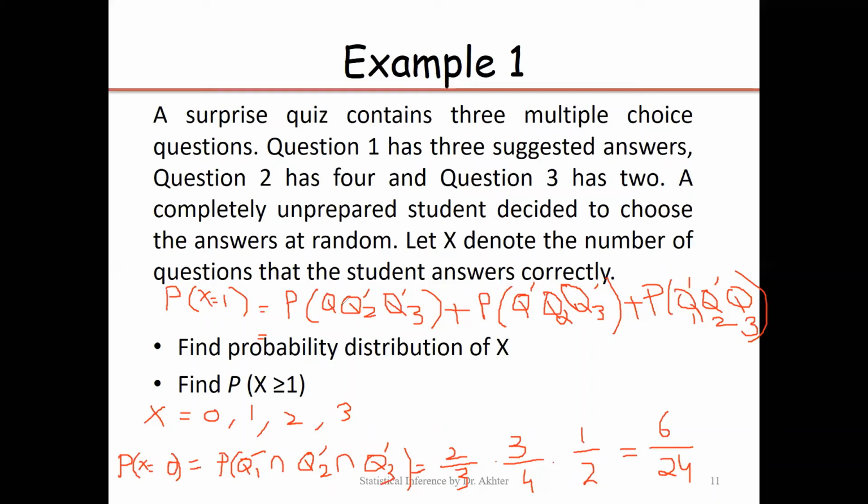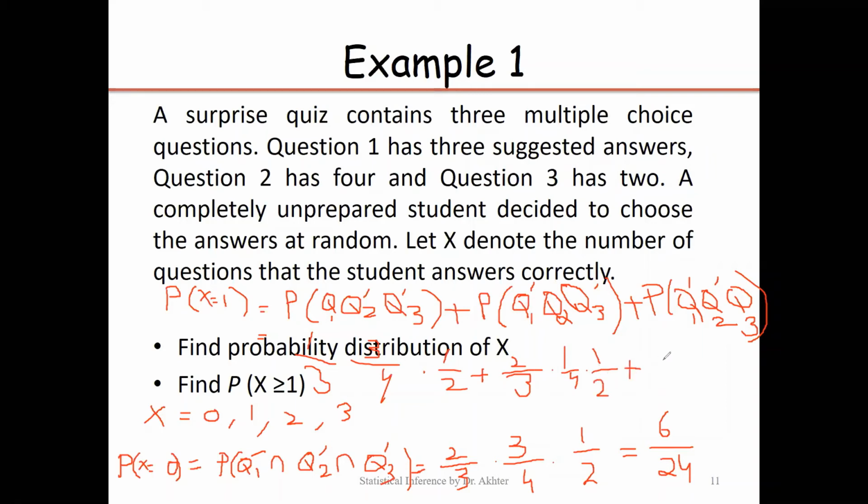Now we can have question number 1 correct is 1 by 3, question number 2 incorrect 3 by 4, question number 3 incorrect is 1 by 2, plus probability question number 1 incorrect is 2 by 3, question 2 correct is 1 by 4 and 1 by 2.